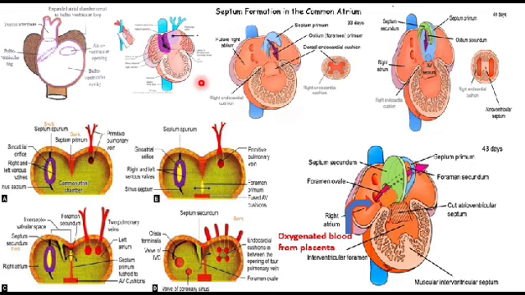So this septum grows as a sickle-shaped fold from the roof and dorsal wall of the primitive atrium, exactly in the median plane, and the attachment of the septum primum is situated slightly to the left of the septum spurium.